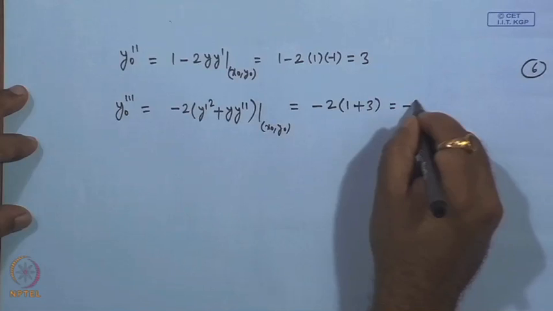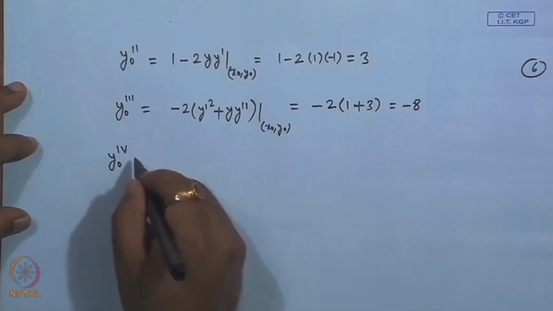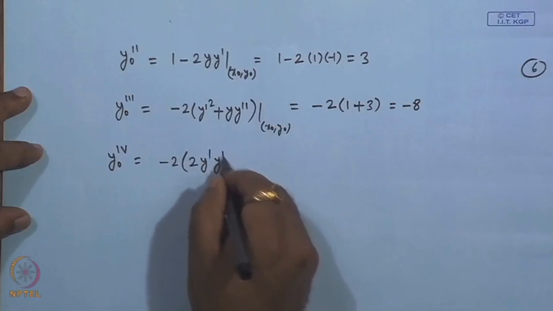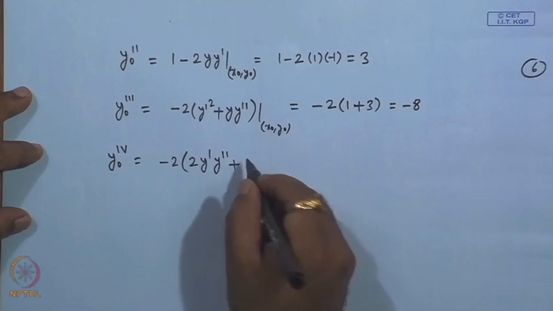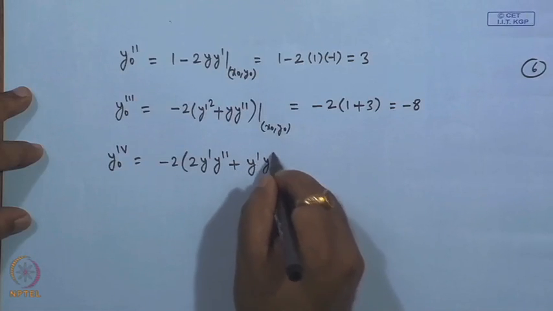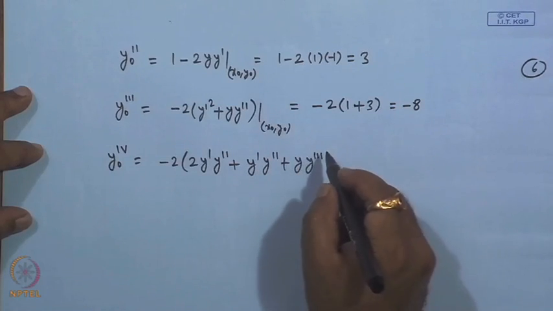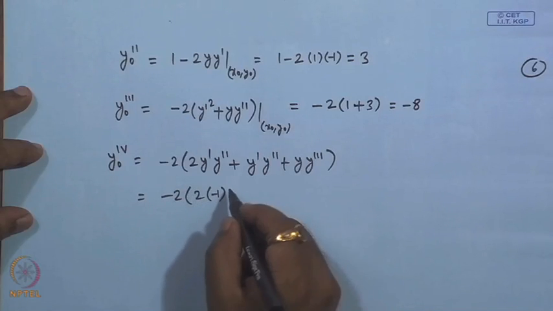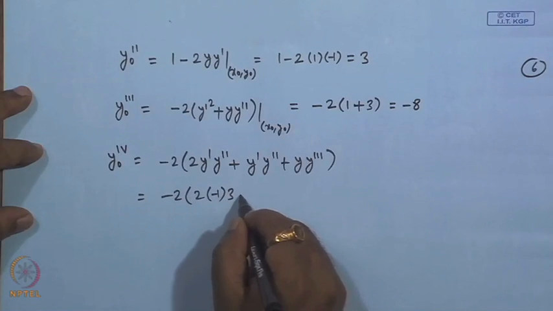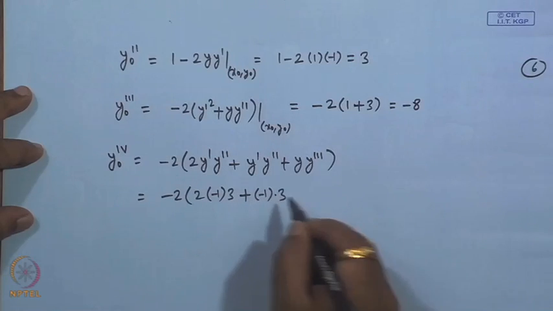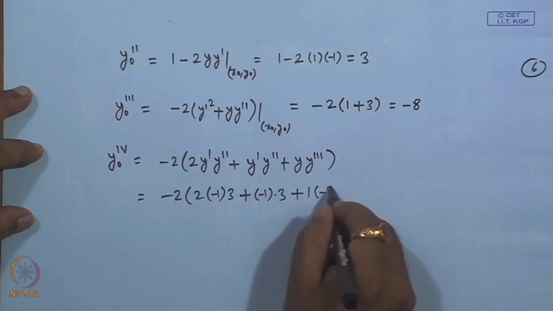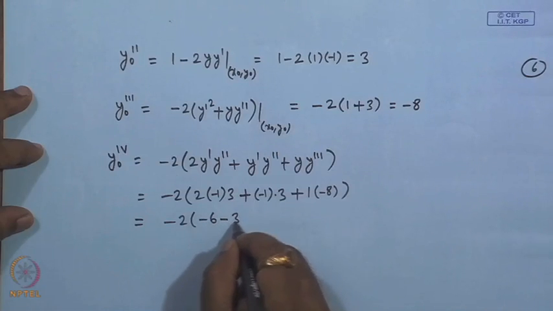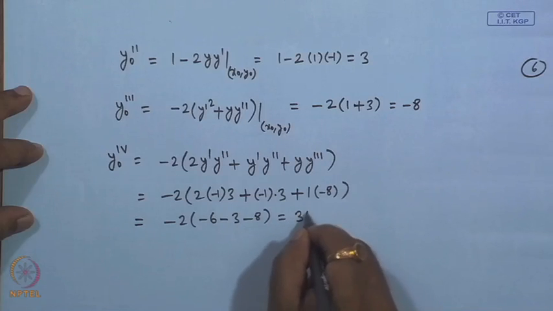Then y 0 4 is computed similarly, with y dash equal to minus 1, y 2 equal to 3, okay.